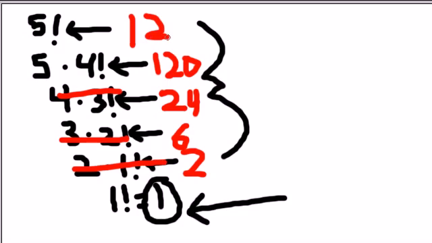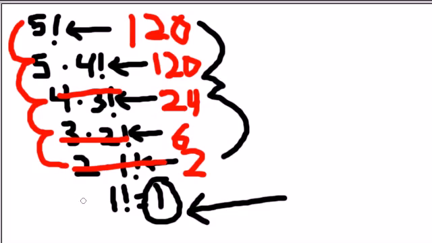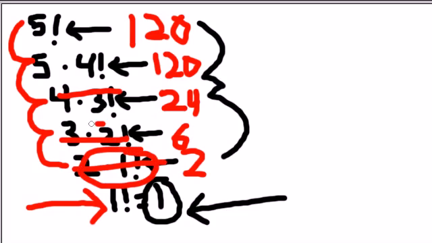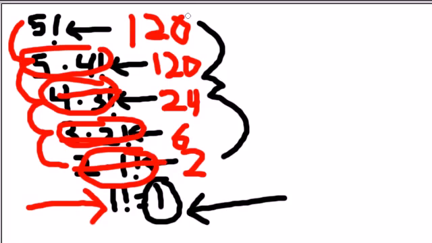Yeah, it's 120. So what it's pretty much doing here is it's trying to solve itself, but it's storing what it doesn't know in memory, and then when it finally finds a number that it can work with, it tracks through all of the numbers again and steps its way back up until it can finally solve its problem. So I know it kind of sounds confusing, but this is the easiest way I can explain it.